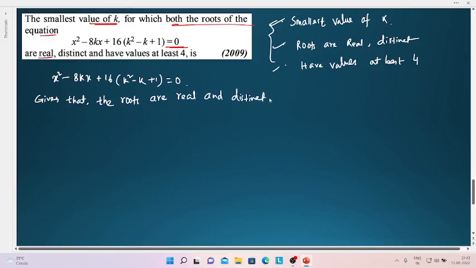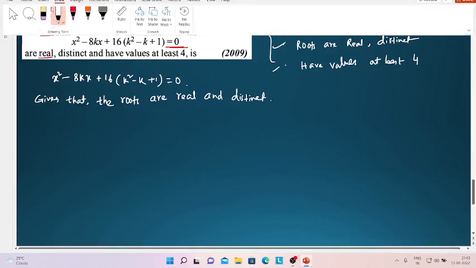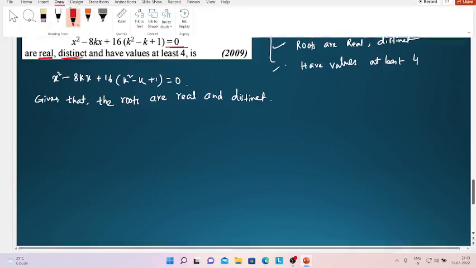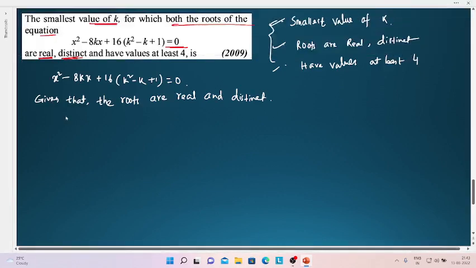First of all, let me take these two important parts, real and distinct, right? So if roots are real and distinct, then definitely D should be strictly greater than 0, because if D is less than 0, then roots are imaginary, so we don't need to take that case. If D is equal to 0, then roots are real but they are equal, so we should not take this particular case.